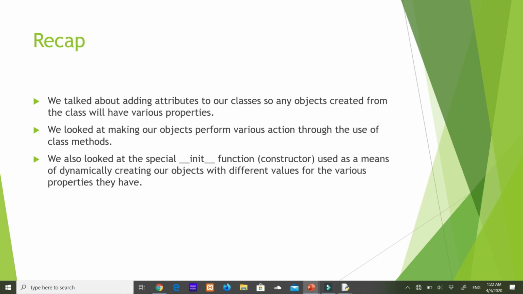And one important thing to note is that for all methods defined within a class, the first argument that needs to be passed into the function is the self argument. If there are any additional arguments needed, you pass them in after, but the first argument needs to be self. And we know that self just represents the object, right?